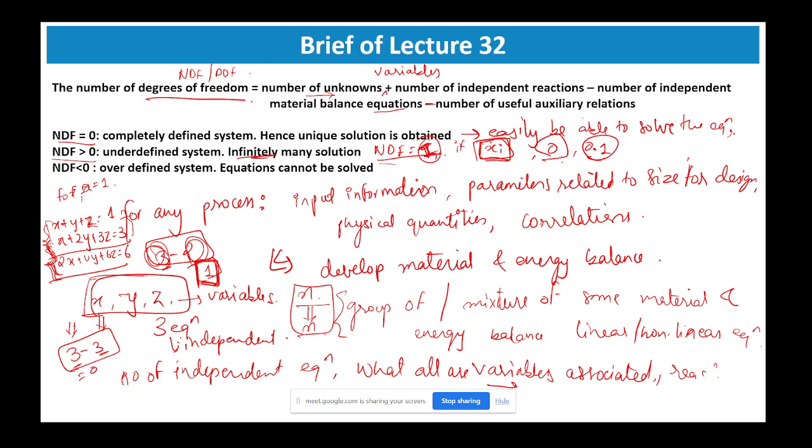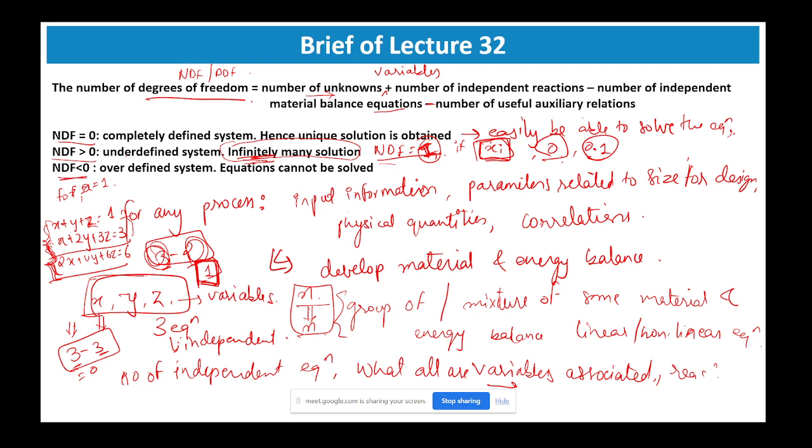So you will have many such solutions for different values of that particular variable that you are supplying. So you can say that for NDF greater than 0, you usually have infinite solutions.